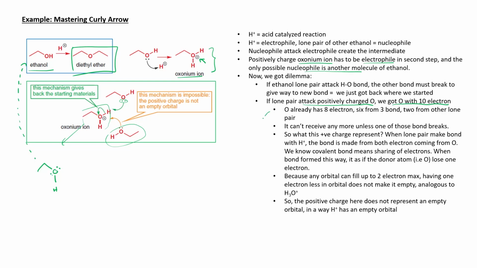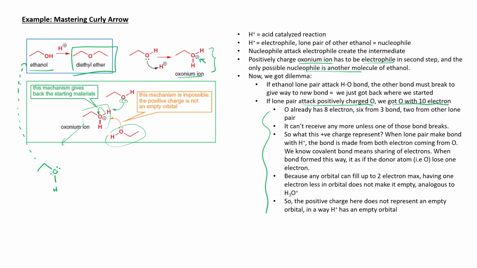The idea is the same as what we discussed before. Why can you not attack this positively charged oxonium ion at oxygen? Because it's not an empty orbital. When you make a bond, you basically make an extra bond, which violates the octet rule.